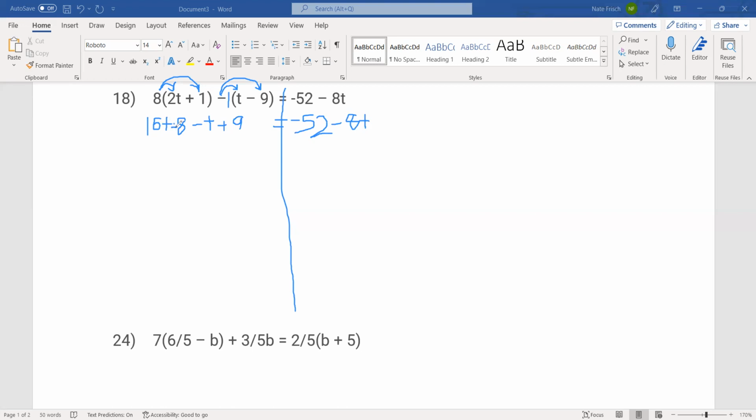So 8 times 2t was 16t right there. So I've got 16 t's and I'm subtracting a t over here. I assume that's just minus 1. 16 take away 1, I've got 15t. And then I had just a plain old 8 and a plain old 9. So just constants, 8 plus 9 is 17.